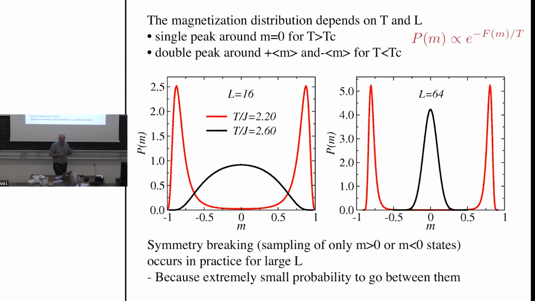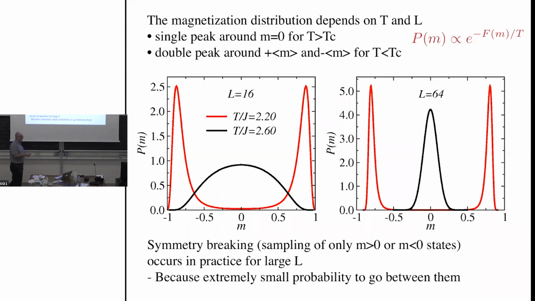So the total weight of a given M sector is e to the minus E divided by T times the number of configurations in that sector. And the log of the number of configurations is the entropy, basically. So this really is exactly true. You can extract the relative free energy from these curves.